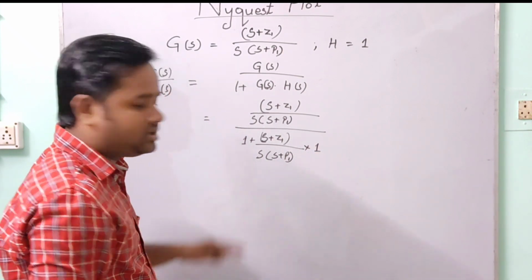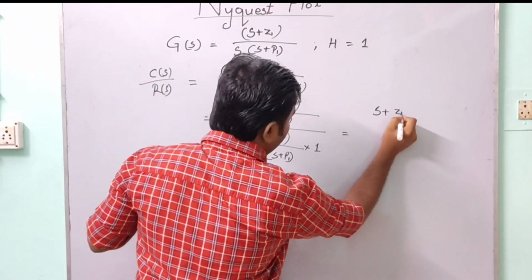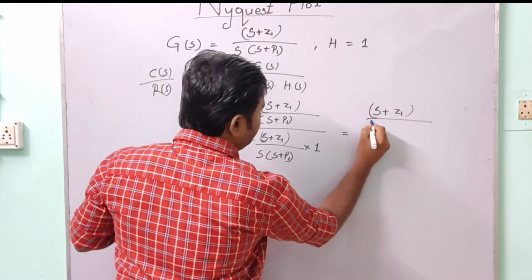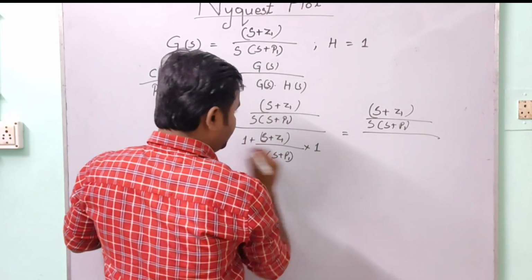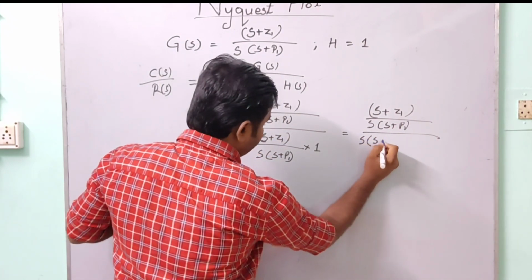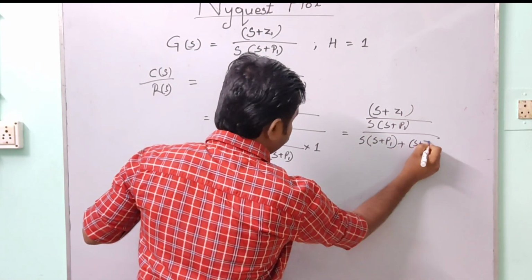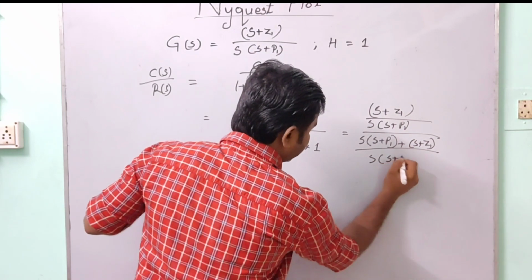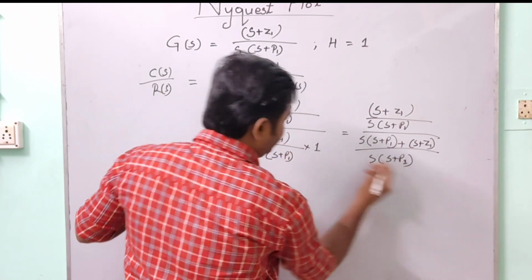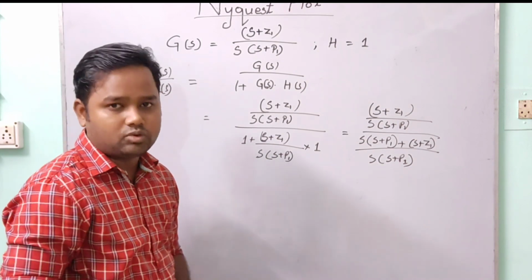By simplification, we get (s plus z1) divided by s into (s plus p1), whole divided by s into (s plus p1) plus (s plus z1), divided by s into (s plus p1). This is the equation and the transfer function for a closed loop control system.